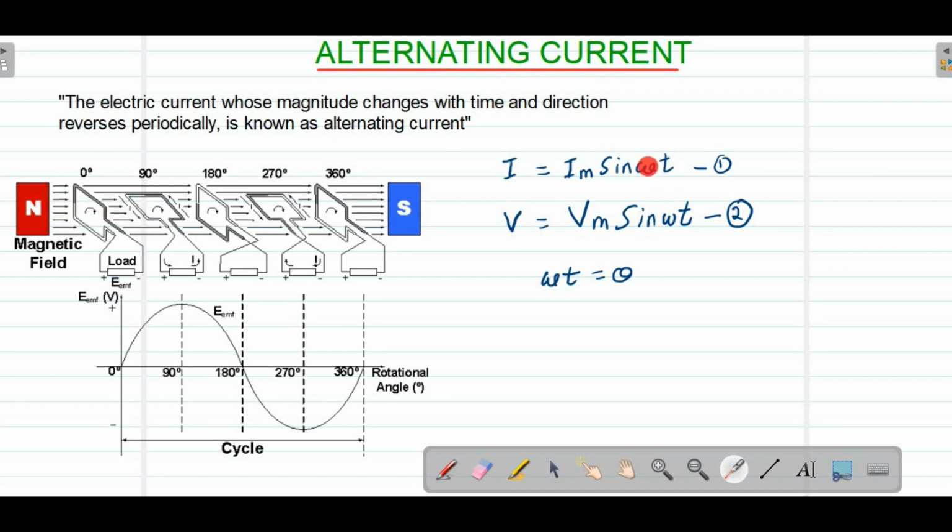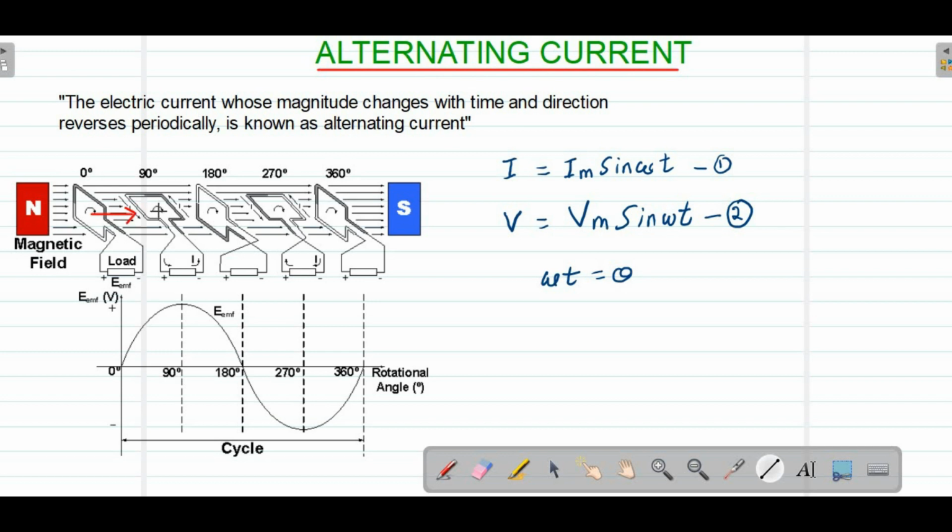So in this equation, this omega t or theta is the angle between the direction of the magnetic field and the normal drawn to the plane of the coil. If I am drawing a normal to the plane of the coil like this, perpendicular to the plane of the coil, this way.